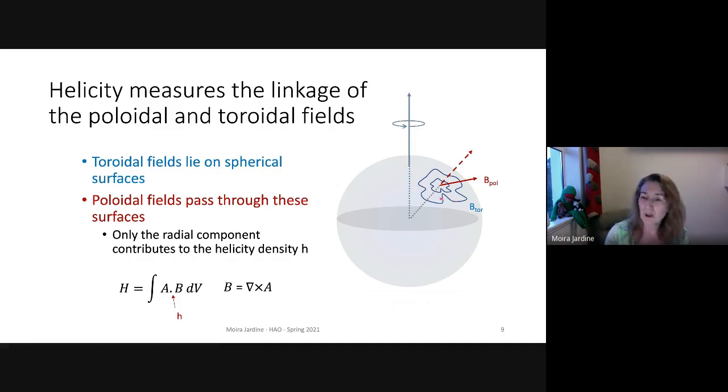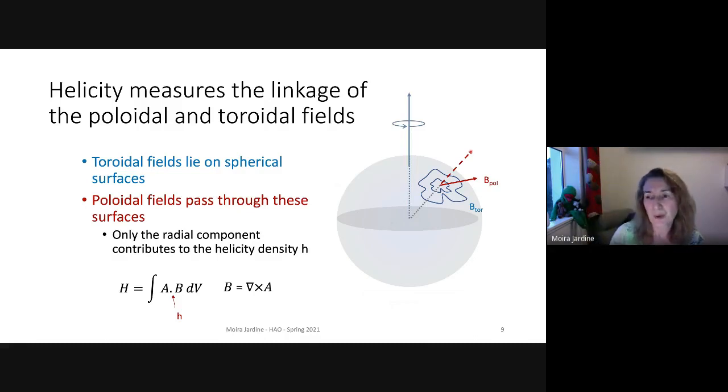The toroidal field lines are shown in blue, and they lie on spherical surfaces, so they have no radial component. The poloidal field passes through a spherical surface, and in particular, at the surface of a star, the poloidal field passes through the surface. So the radial component of the poloidal field links through the loops of toroidal field.